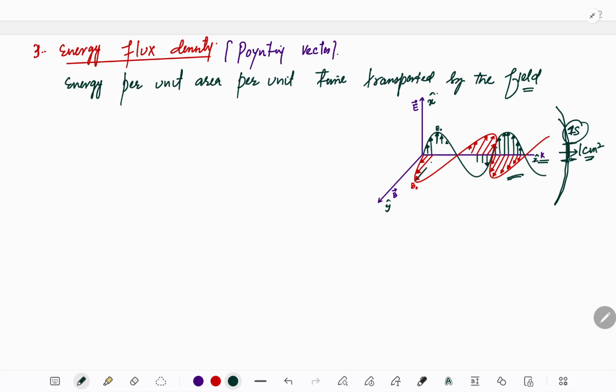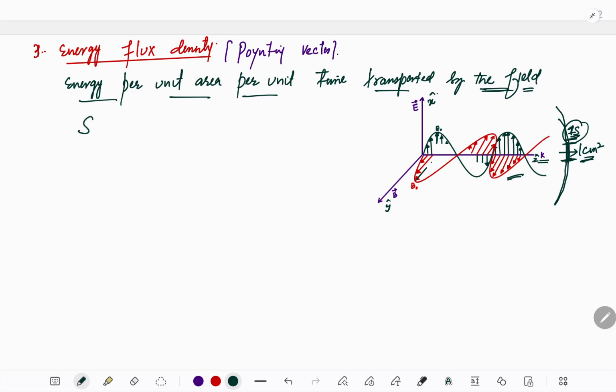That is energy per unit area per unit time transported by the field. That is the meaning of the Poynting vector.